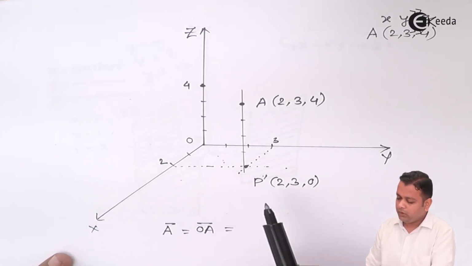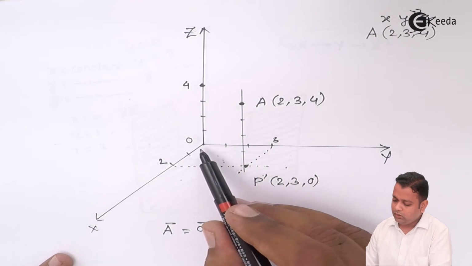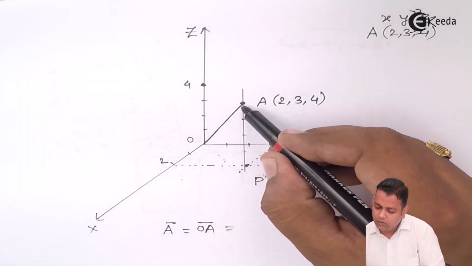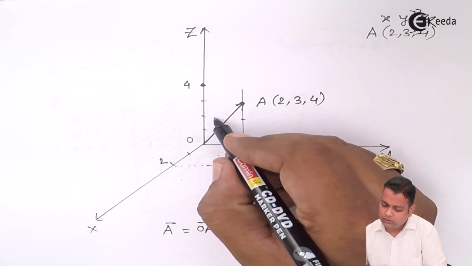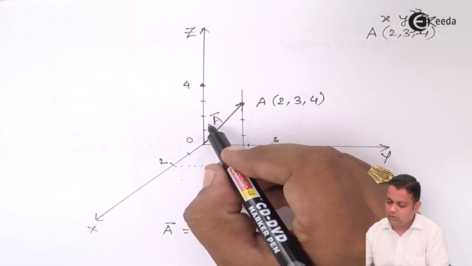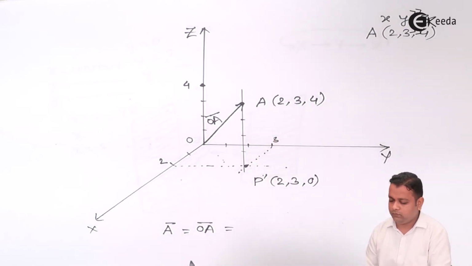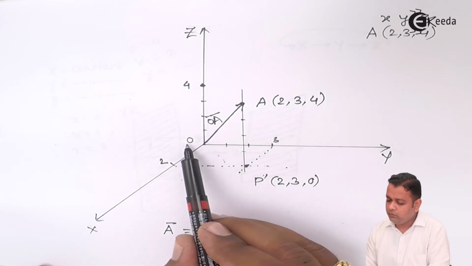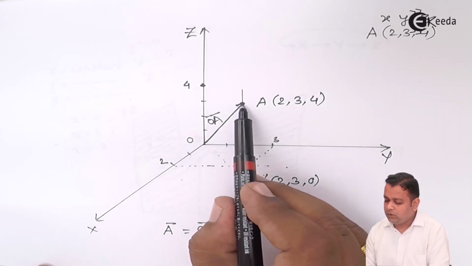So here the vector in the diagram can be represented starting at O, ending at A. So this is A bar or OA bar.